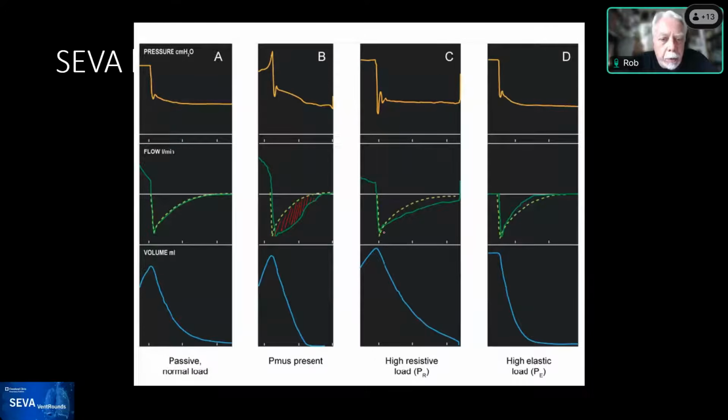Then if the expiratory resistance goes up, then the ratio of pressure to resistance goes down, and therefore the peak flow has to be less. Furthermore, you see an exponential curve. It just has a very long time constant. And you recall that the time constant is resistance times compliance. If the compliance stayed the same and the resistance goes up, the time constant goes up, which means that it takes longer to exhale 63% of the tidal volume.